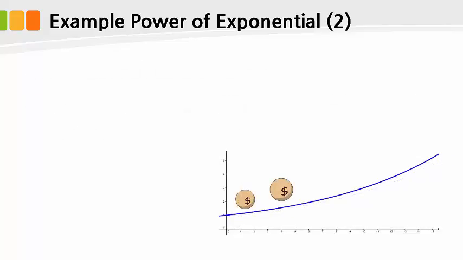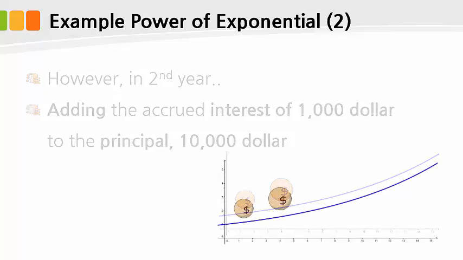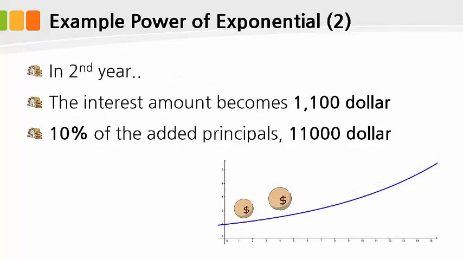However, in the second year, the interest is calculated based on adding the accrued interest of $1,000 to the principal, $10,000. In the second year, the interest amount becomes $1,100, which is 10% of the added principal, $11,000, after 2 years.